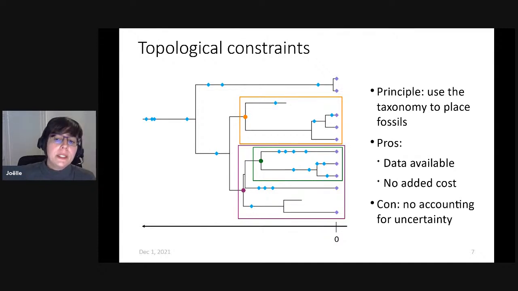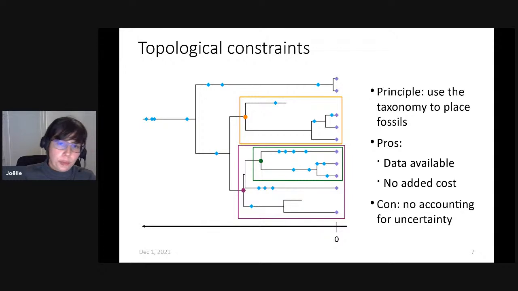One of the big disadvantages, however, of this approach is that there's no accounting for uncertainty. Because essentially a topological constraint, as I said, is saying that a clade is monophyletic, and that's a binary yes or no constraint. It means nothing for a clade to be partially monophyletic. So it has to be either constrained or it's not constrained.